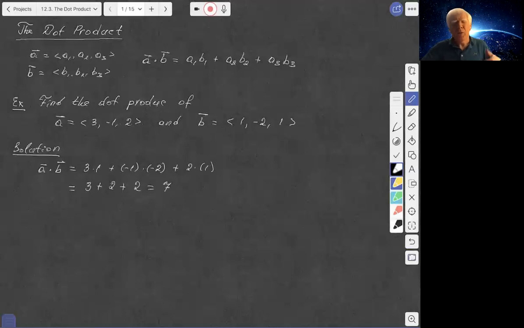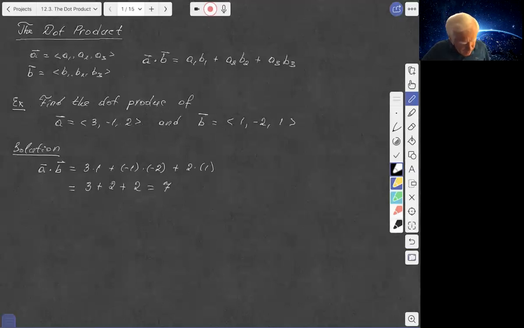When we discussed the multiplication of a vector by a scalar, and addition and subtraction of two vectors, the results of those operations were always vectors. As you can see from the example, the result of the dot product is a scalar.